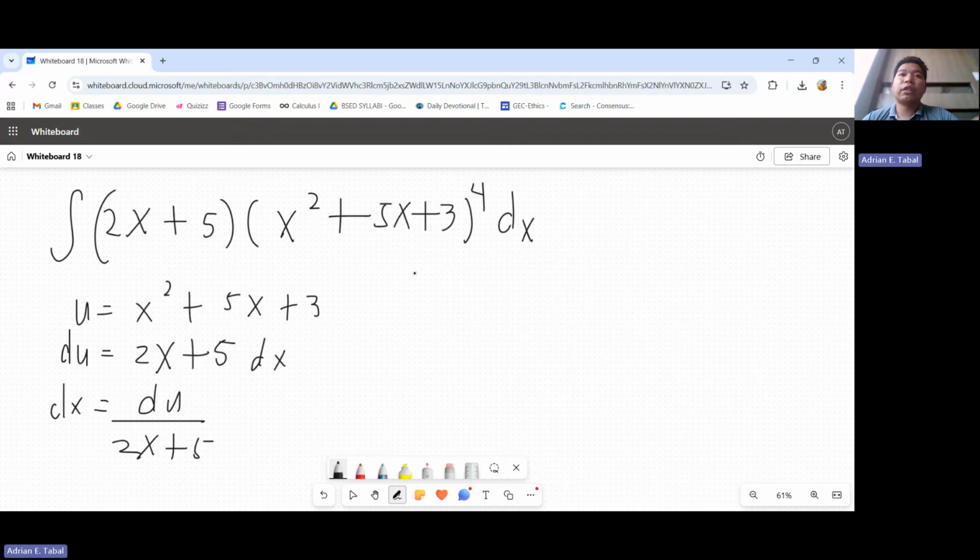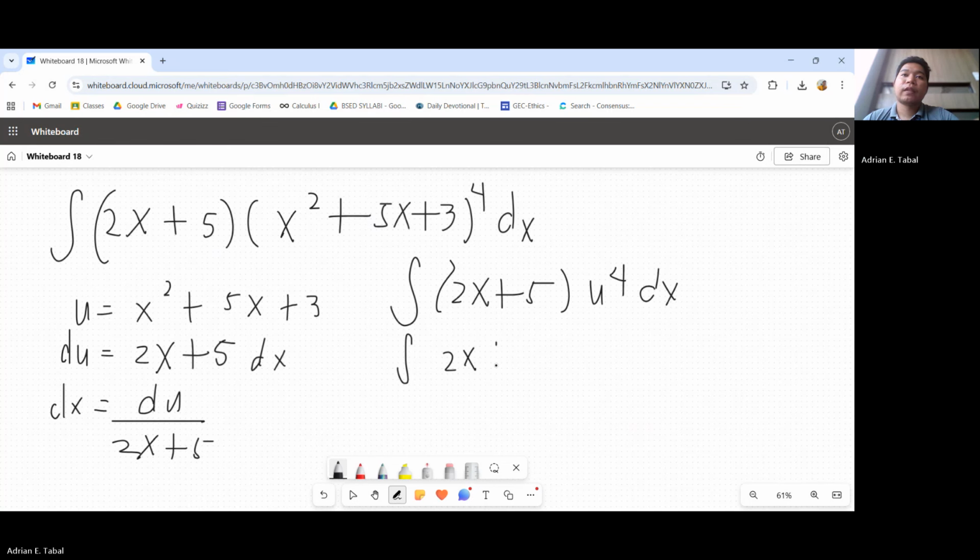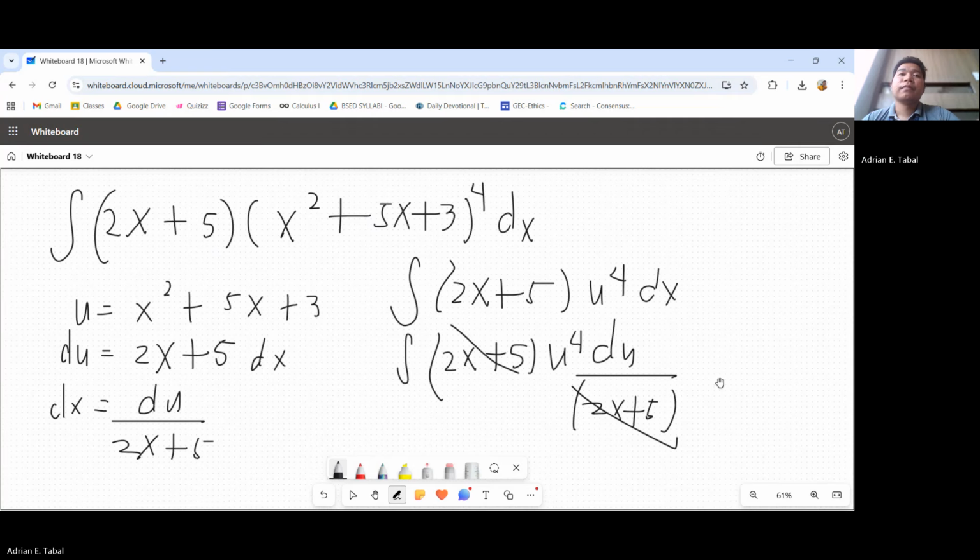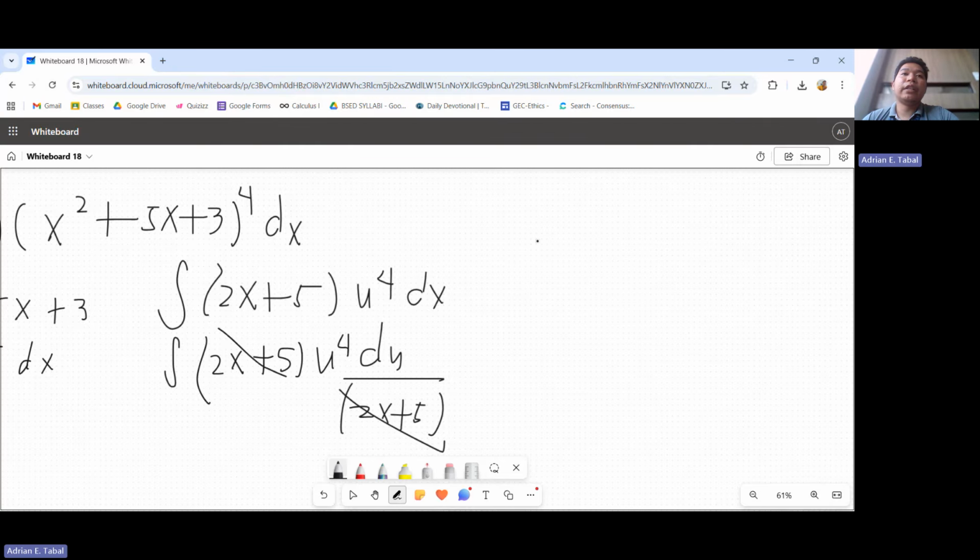We substitute into our original equation: 2x plus 5 times u raised to 4 dx. We have the value of our dx, which is du over 2x plus 5. So u raised to 4 du over 2x plus 5. Cancel. The remaining is the integral of u raised to 4 du.